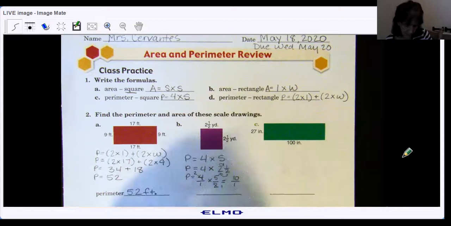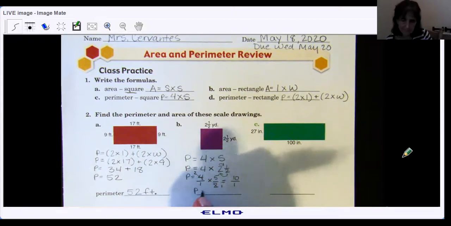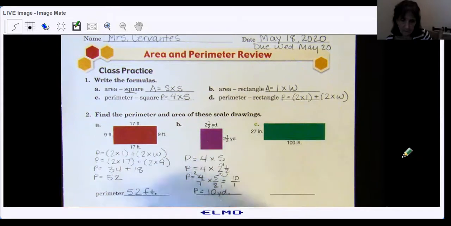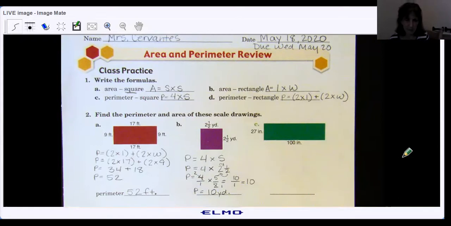Perimeter equals 10 yards. All right, where it says 10 over 1, that should equal 10, so they don't forget. Okay, we're going to go down to area now.